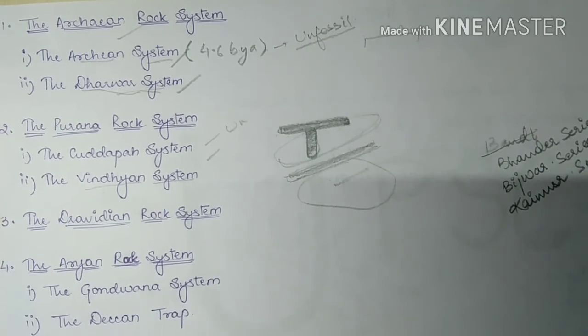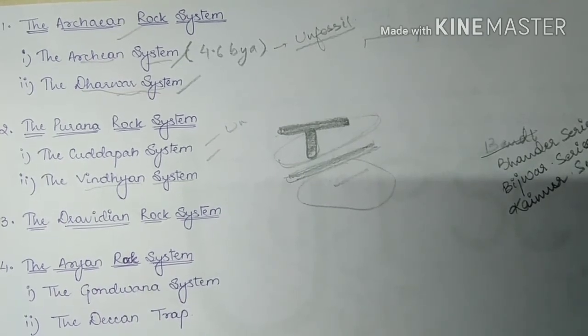These formations are absent in the peninsular region of India. So they are found in Jammu and Kashmir, Himachal Pradesh, Uttarakhand, etc. Now these groups of rock include shells, sandstone, clay, and marble.